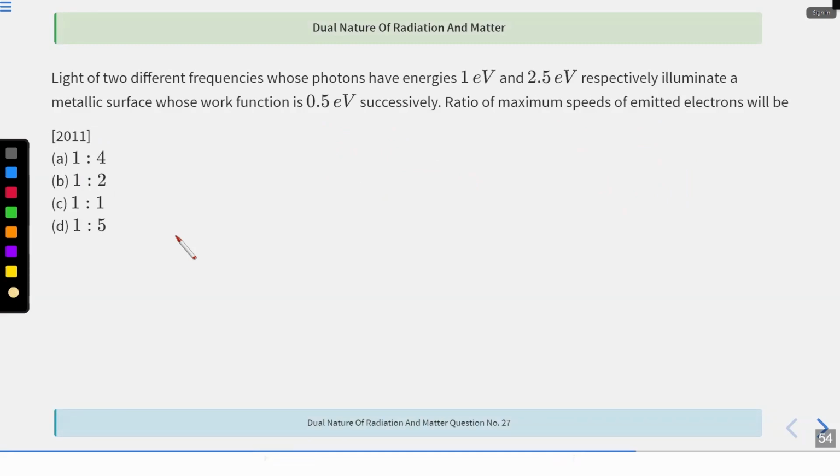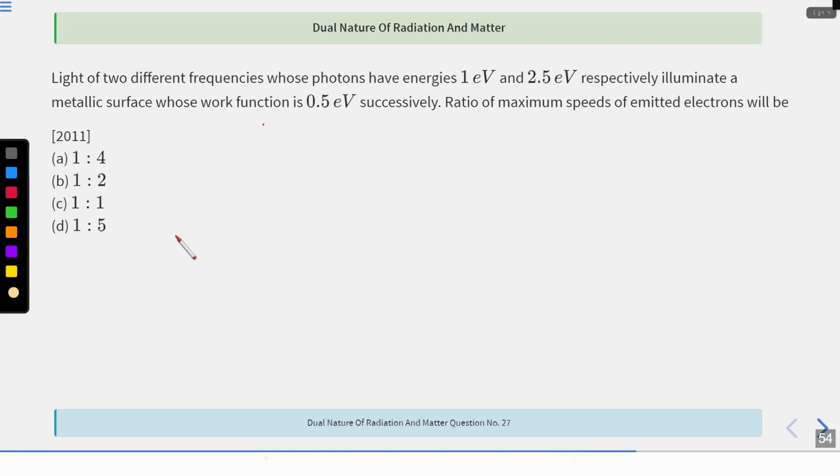Light of two different frequencies whose photons have energies 1 eV and 2.5 eV respectively illuminate a metallic surface whose work function is 0.5 eV successively. The ratio of maximum speeds of emitted electrons will be. Okay, this is a similar question.